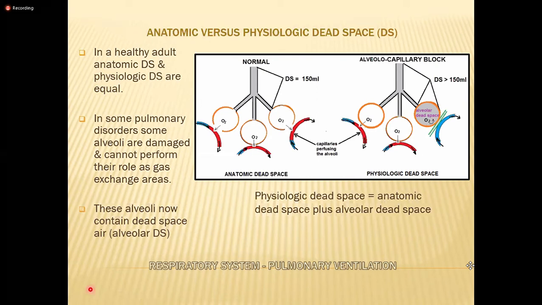The anatomic dead space plus your alveolar dead space, that is your physiologic dead space. Alveolar dead space. There is no perfusion. So anatomic dead space plus alveolar dead space, that is your physiologic dead space.